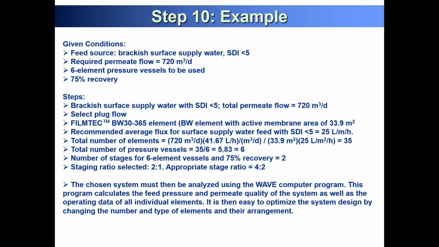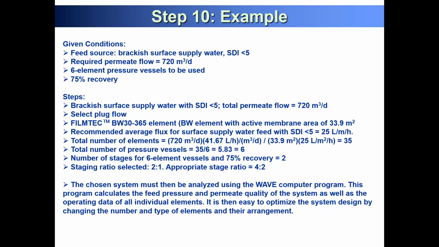You can increase or decrease it a little bit, but in general, for brackish water your average flux is 25 to 30.